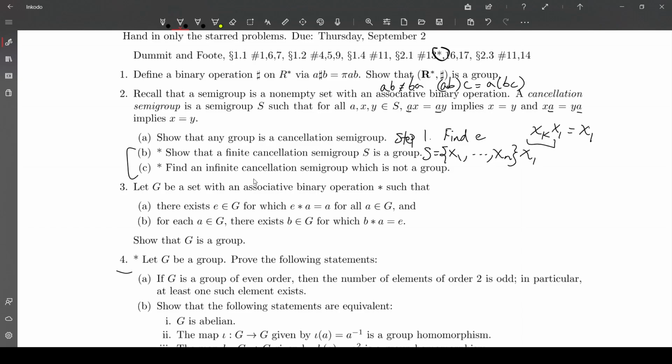And then for an example of an infinite cancellation semigroup which is not a group, I said the integers, removing 0. In other words, you have -3, -2, -1, and then 1, 2, 3, with the operation being multiplication.